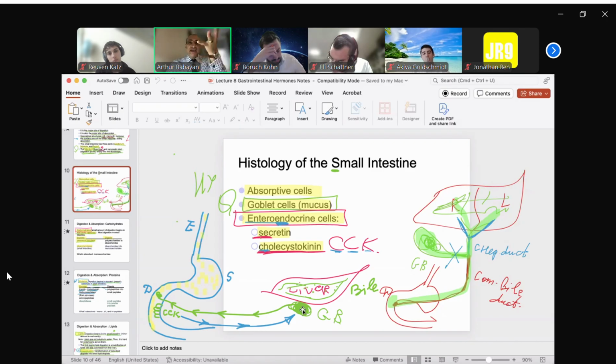The gallbladder contracts and releases bile, and this bile goes to the duodenum and makes the process of emulsification. What does emulsification mean? Larger molecules of fatty food break down into smaller molecules for better absorption in the small intestine. Is it clear?